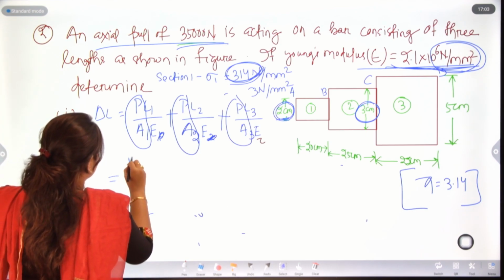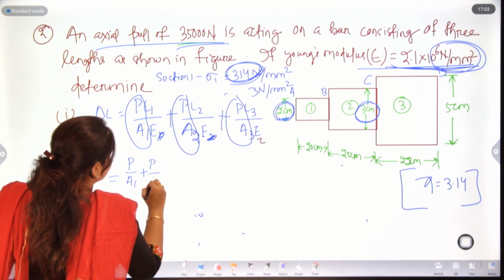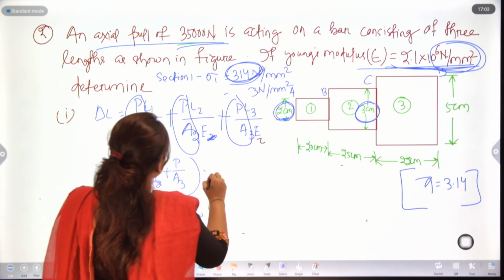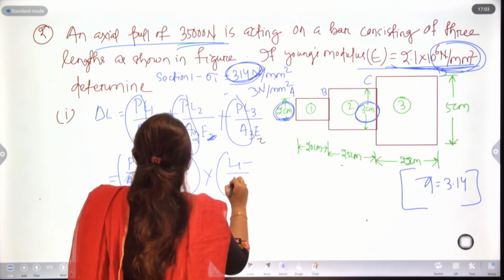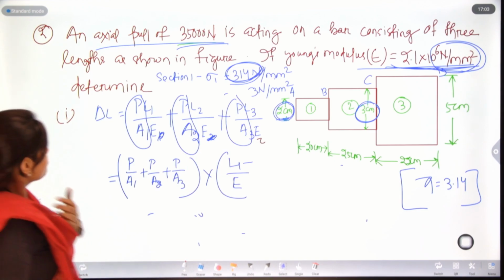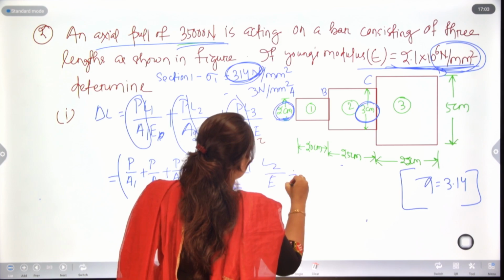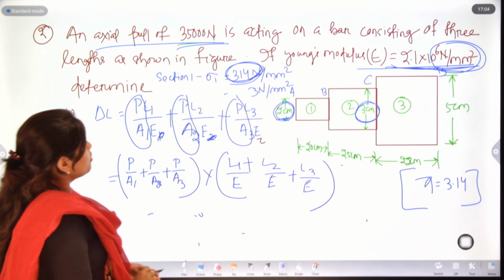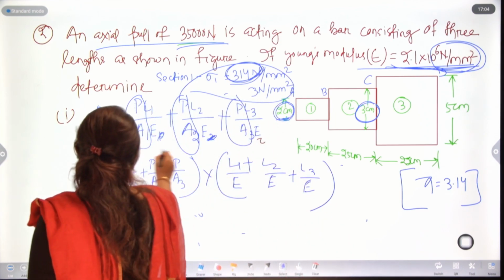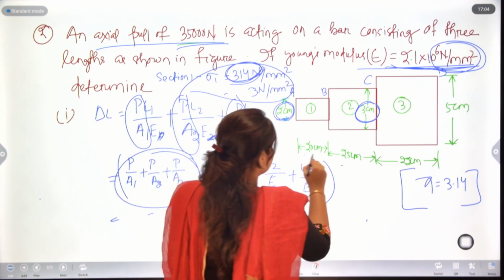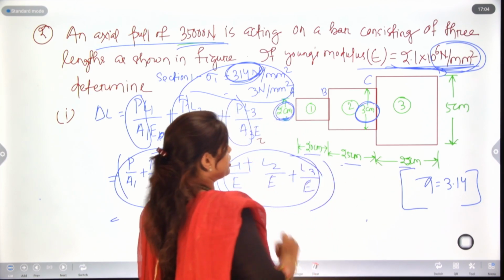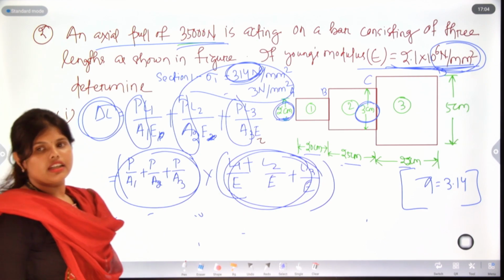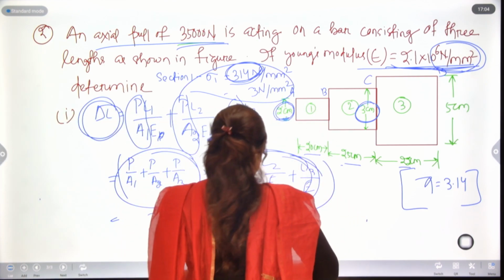So, we can write P by A1 plus P by A2 plus P by A3, and L1 by E plus L2 upon E plus L3 upon E. We have all these stress values from before, so we can put them here and calculate with these L1, L2 and L3 values, and then we will get this del L.